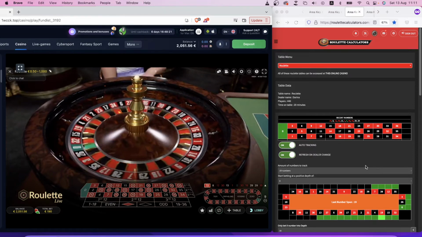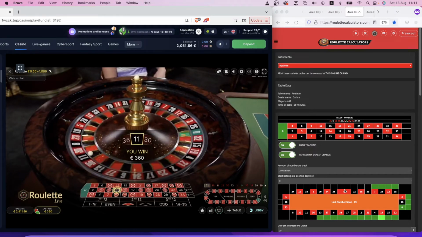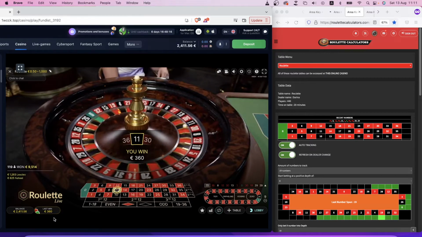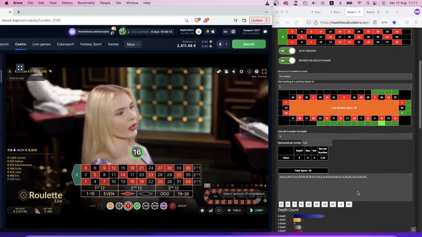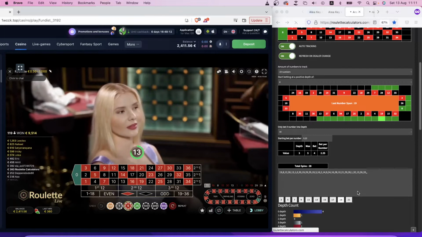Beautiful, number 11. So there we go. I've got the wins back off of that. That's put me at 2,411. I'm not going to do any more bets because I had the kick in the nuts from Pragmatic.